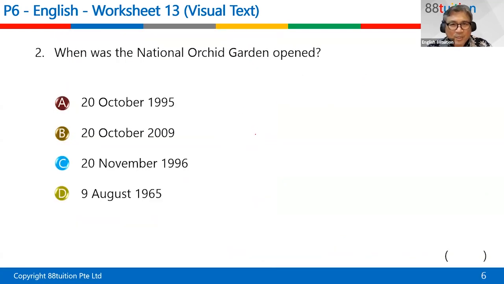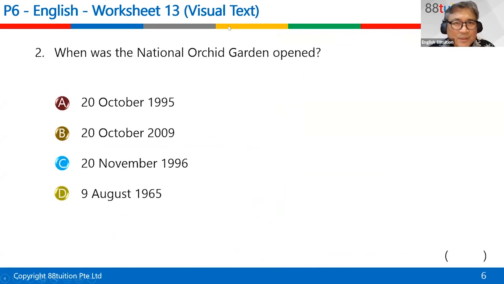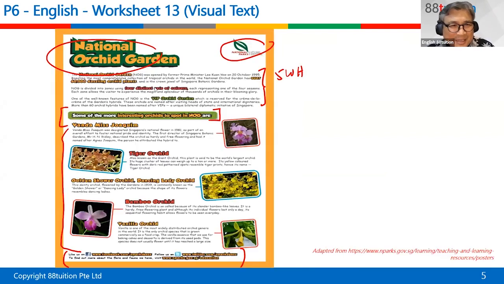When was the National Orchid Garden open? And of course, you got to look for the answer, the detail when, right? So question number 2, what's the answer for question number 2? Oh, a lot of people.